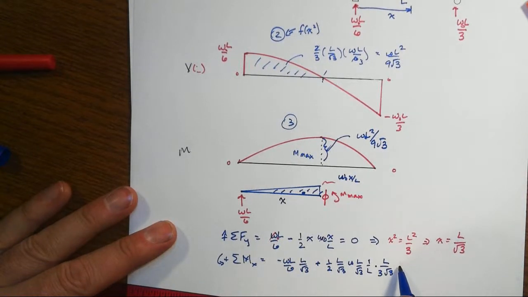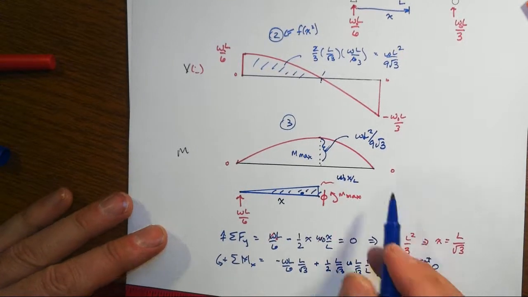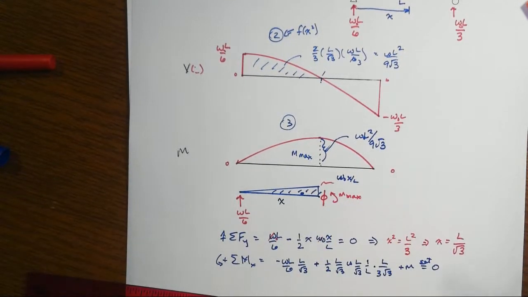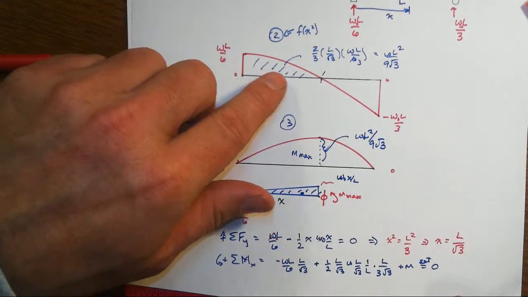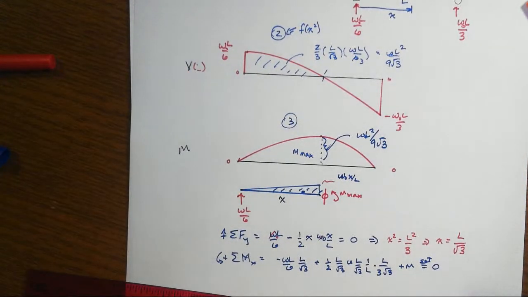And then plus M, set that equal to 0 for equilibrium, and you're going to get the exact same thing as we found through this little shortcut that we took.